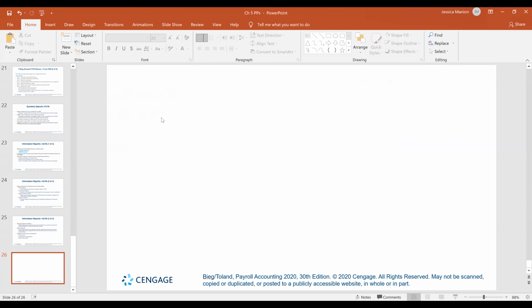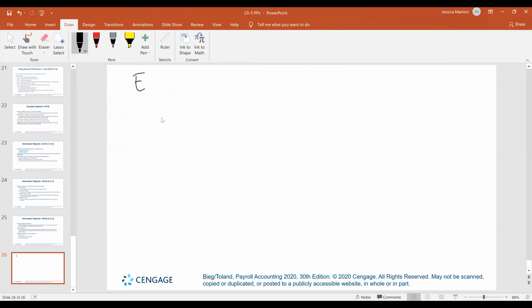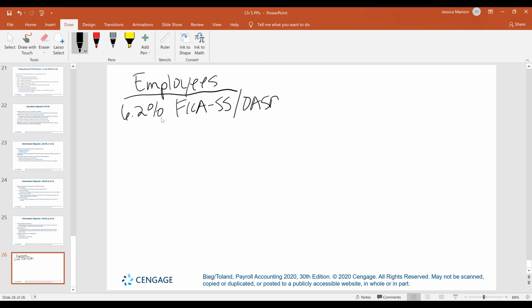Overall, and this is one thing that we're not going to get into too much until chapter 6, but just so we understand, remember the employees have to pay 6.2% for FICA, Social Security, or what we've also been calling OASDI.